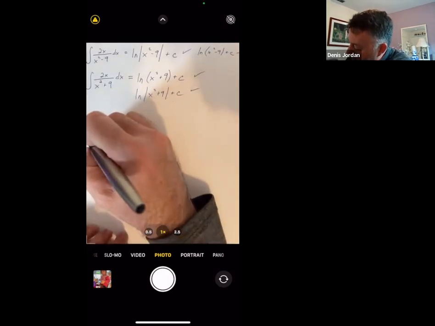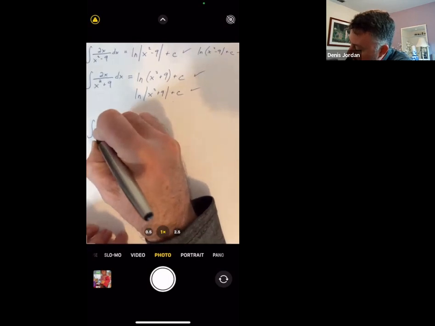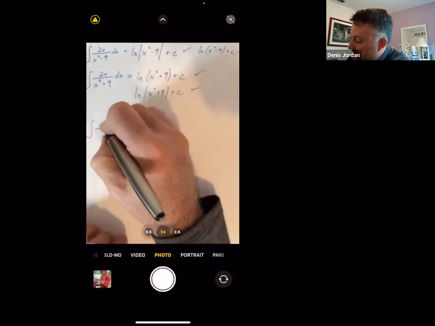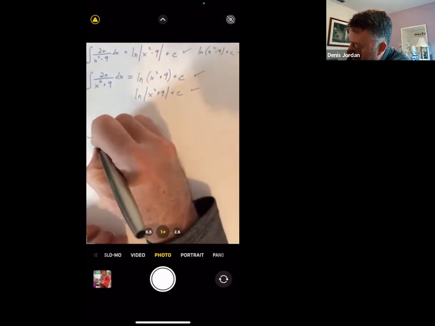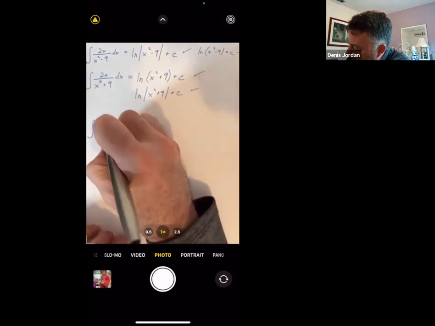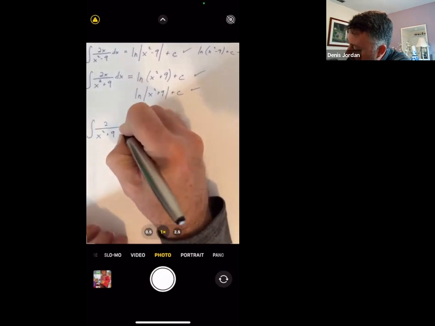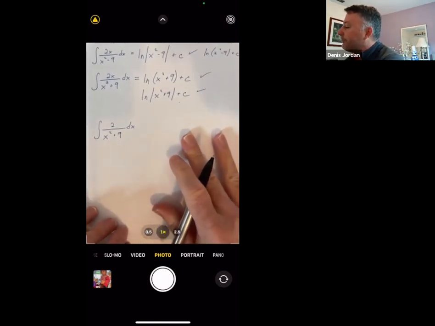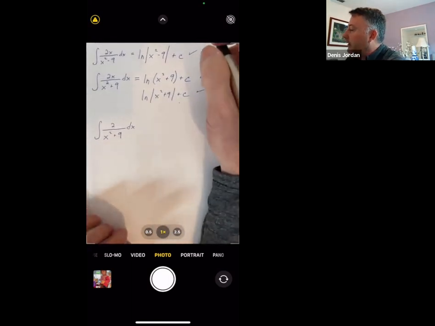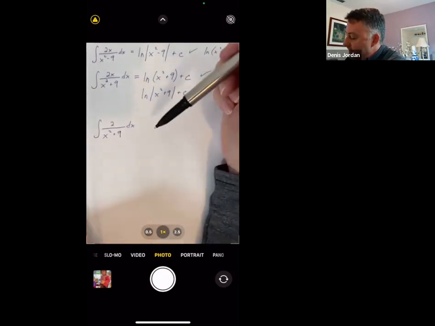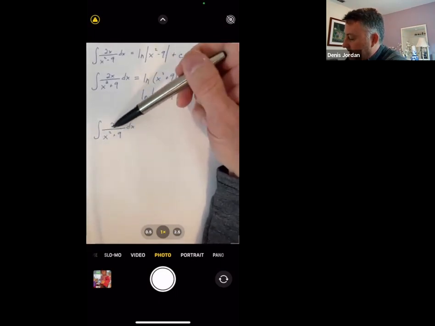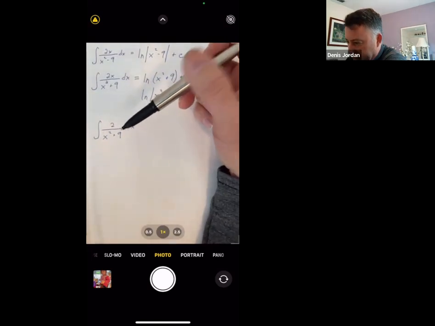Okay, so let's try another one that's similar to it. Let's take off the x on top. So the derivative of the denominator is close to the top, but now you're missing the x, you're missing the variable.